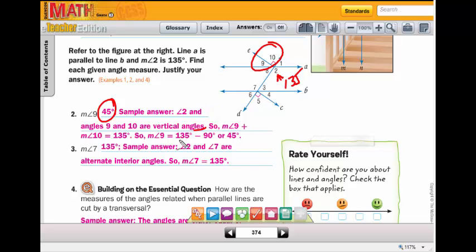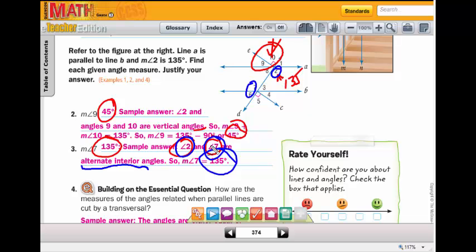So we have 135 minus the 90 of angle 10 gave us the 45. In number 3, we said 135, and again we had angles 2 and 7. Let's switch our ink color here. Angles 2 and 7, right here and here, are alternate interior. Just like I said, that gives us 135 degrees.